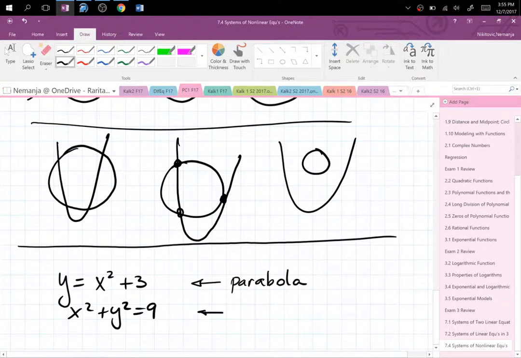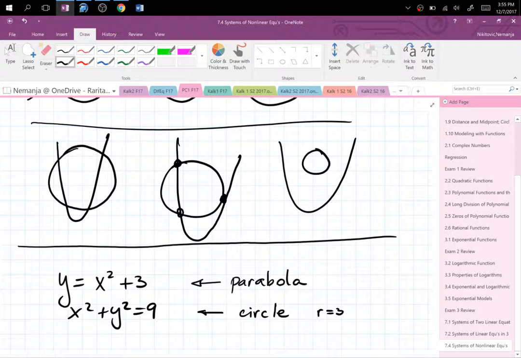And what's the one on the bottom? Yes. Circle. Radius 3. So you have the situation that you see above. You can have 4 solutions, 3 solutions, 2 solutions, 1 solution, or no solution. You have 5 different things.